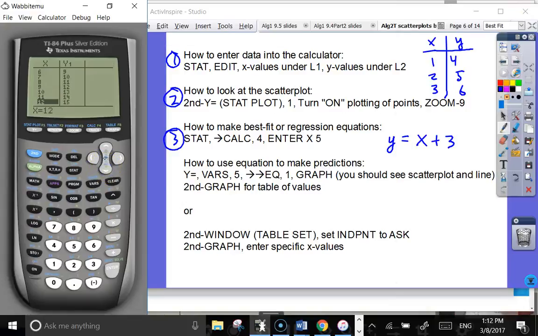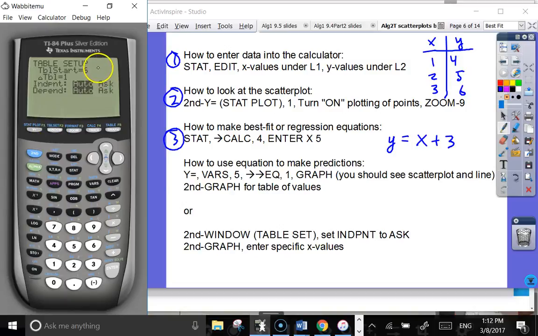Now, what if I wanted to find the y value for x equals 1,000? Well, do you want to scroll down to 1,000? Probably not, right? So here's a couple things that you could do. Number one, you could look where it says window, and above it says table set.